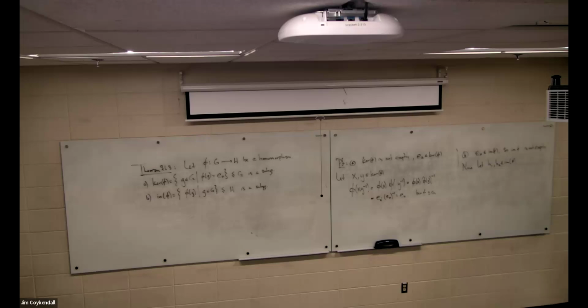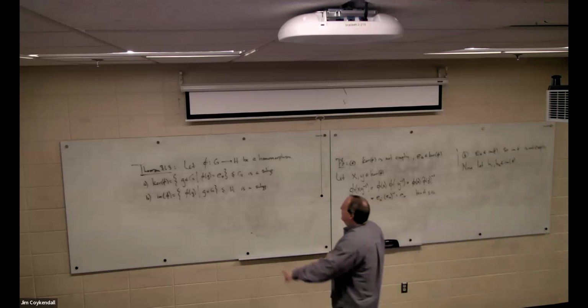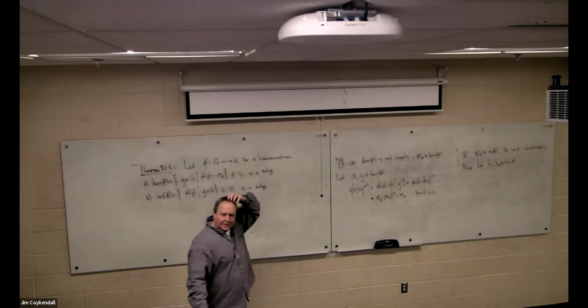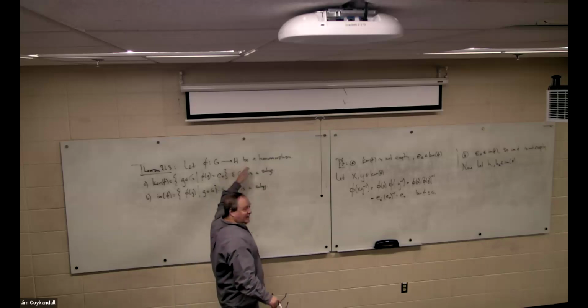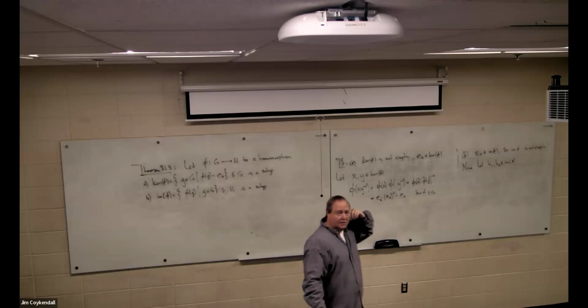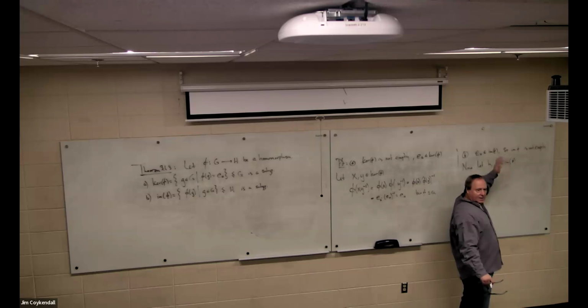Now, let me pause for a minute and say, nobody said that this homomorphism is onto. So if I just pick two elements of H at random, there's no guarantee they're in the image of phi. In fact, the image of phi might be just the identity. Who knows? What does it mean for h1 and h2 to be in the image of phi?